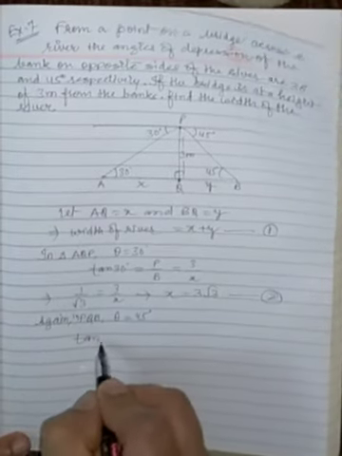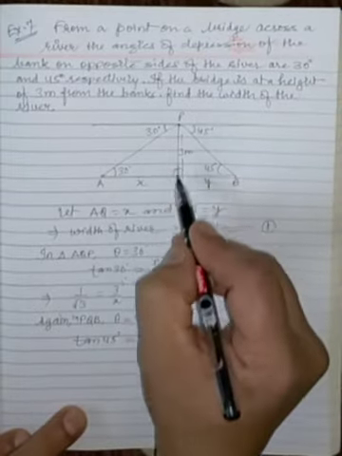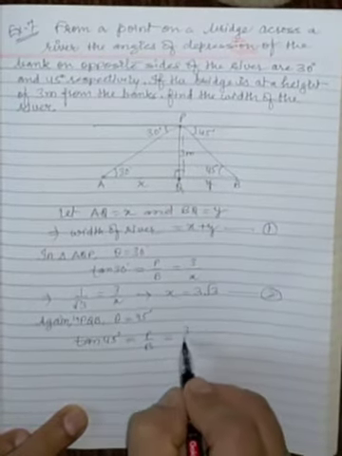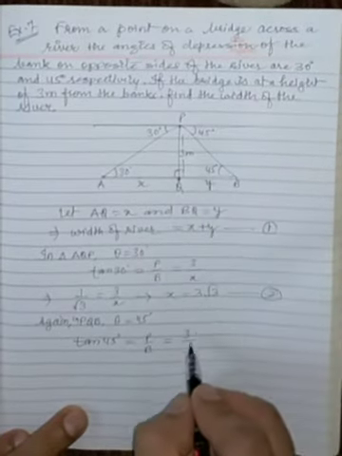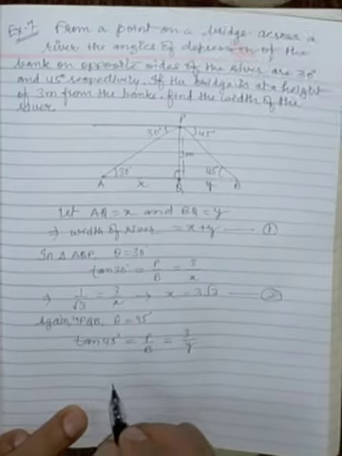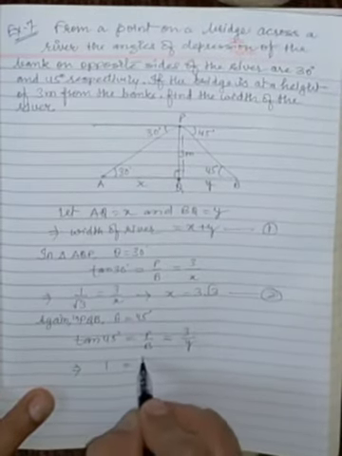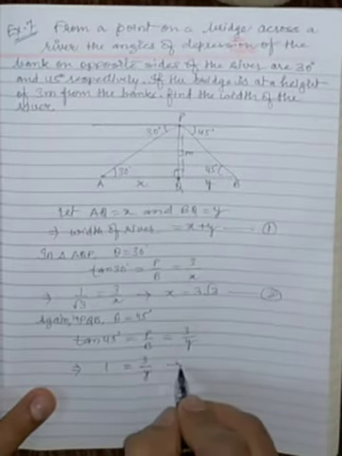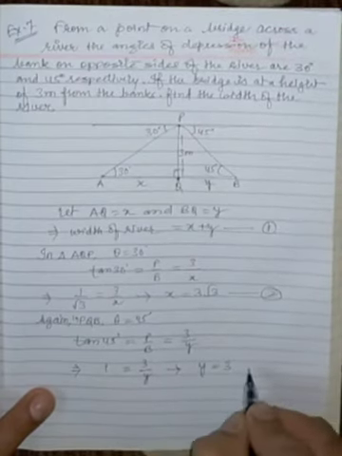So tan 45 degree is equal to, again perpendicular upon base, it is equal to PQ, which is 3, upon BQ, which is Y, 3 upon Y. So tan 45 degree is equal to 1, is equal to 3 upon Y. So from here we get 1 into Y, Y is equal to 3.